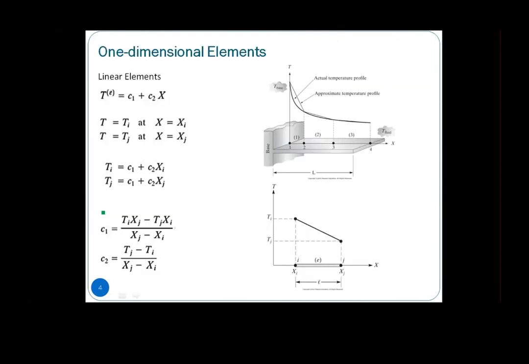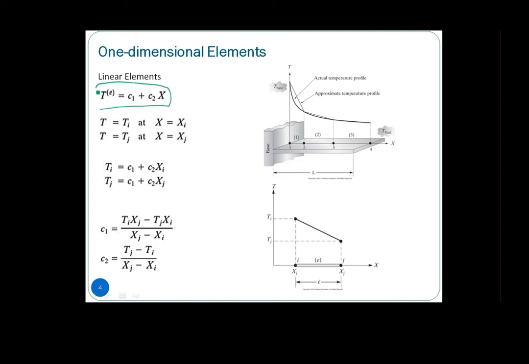Then if we are looking into the linear element itself, how do we come up with the so-called shape functions? Linear elements are linear functions, right? So in that case, we are assuming that T in one element is governed by y equals mx plus c.